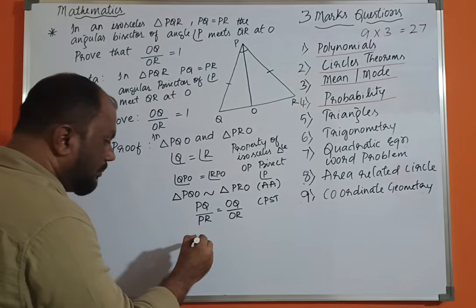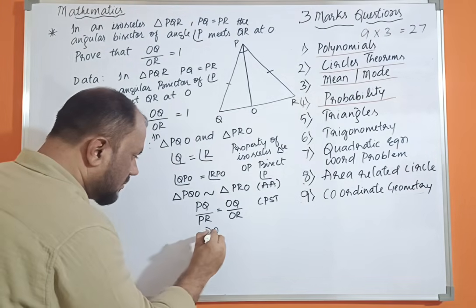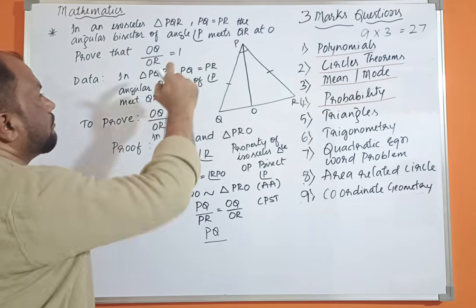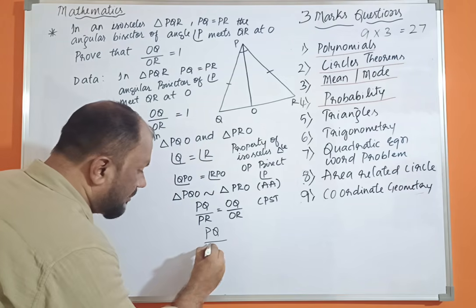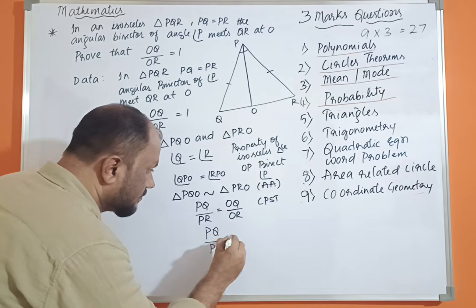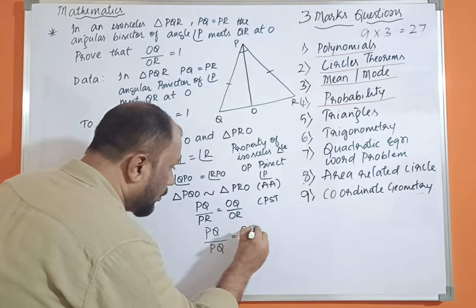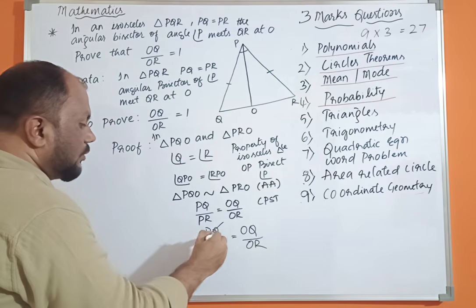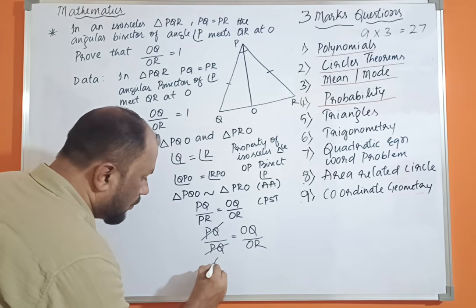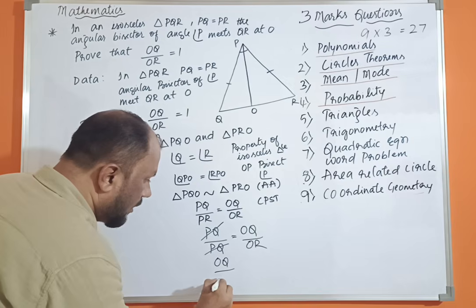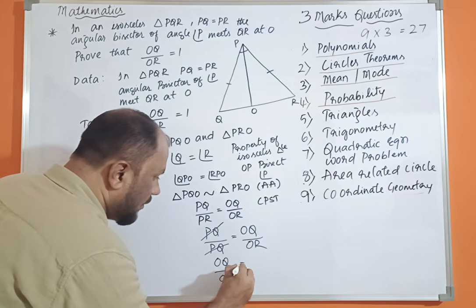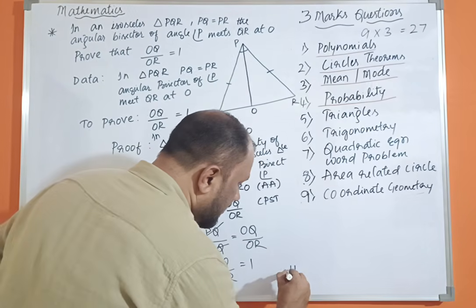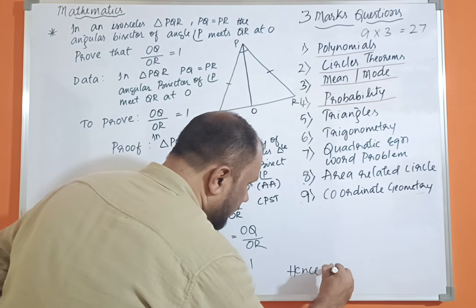Now in the question it is PQ equal to PR. So PQ gets cancelled. So OQ by OR is equal to 1. So what they asked you to prove, proved. Hence proved.